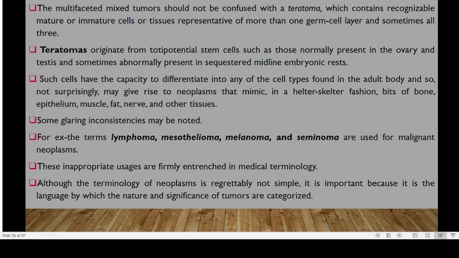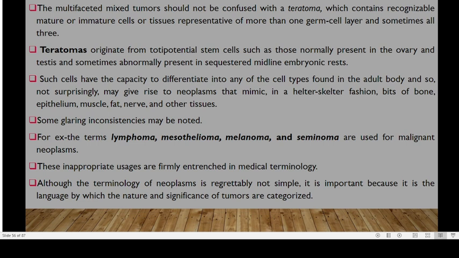So some glaring inconsistencies may be noted. For example, the terms lymphoma, mesothelioma, melanoma, and seminoma are used for malignant neoplasms. So someone may confuse them with benign. Okay? So these inappropriate usages are firmly entrenched in medical terminology.